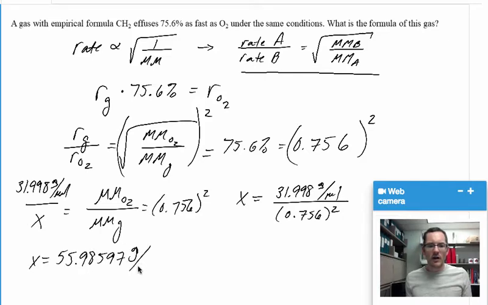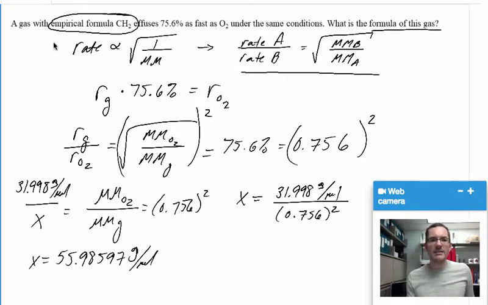55.98597 grams per mole. But the question wasn't, what is the molar mass of this gas? The question is, what is the formula of this gas? So if we recall, we know what the empirical formula is. It's CH2. And this has a molar mass value of 14.026 grams per mole.